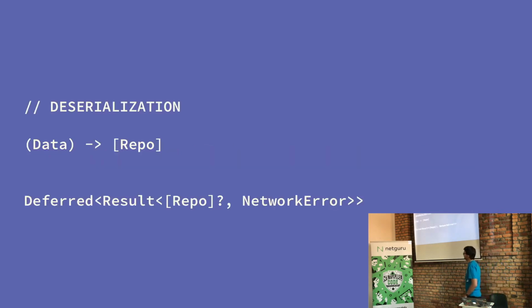Because what we do with the data after we get it, we probably don't want to leave it serialized. I mean, no one will read those repos in the binary format, right? So imagine there is this method. Here is data, and here is the repo, and you just pass the data and get a number of repos. That would change the signature into something like this.